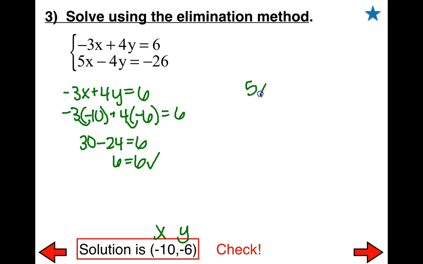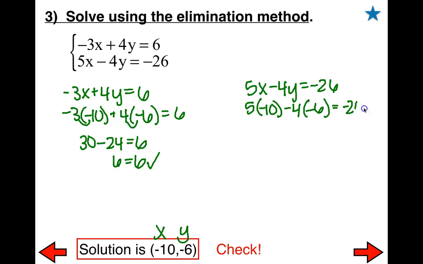So we have 5x minus 4y equals negative 26. Here, my x's are negative 10s, and here the y's are negative 6. So here we have a negative 50. This is going to be positive because the negative times negative is a positive. It's going to be plus 24 equals negative 26.